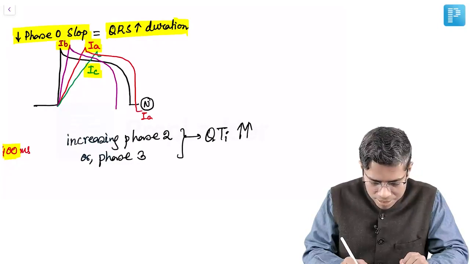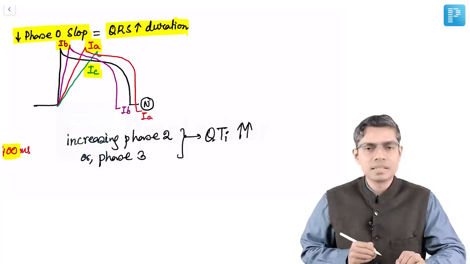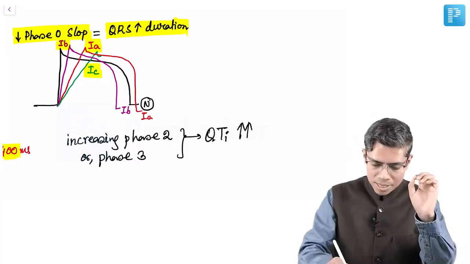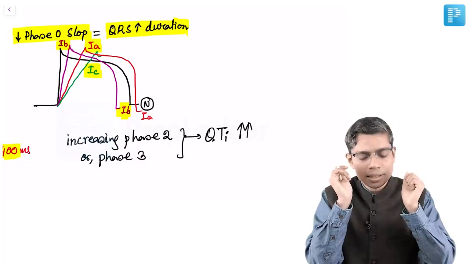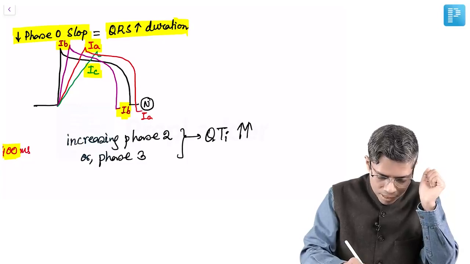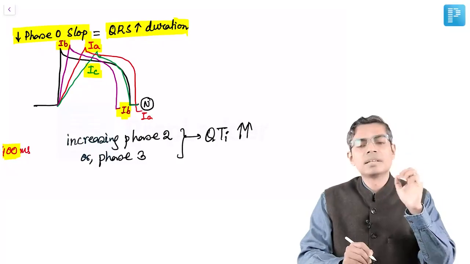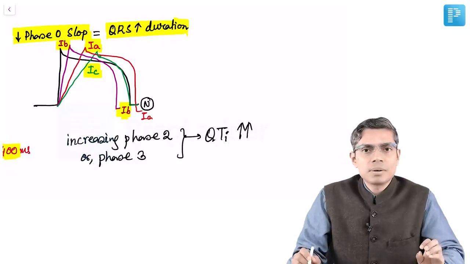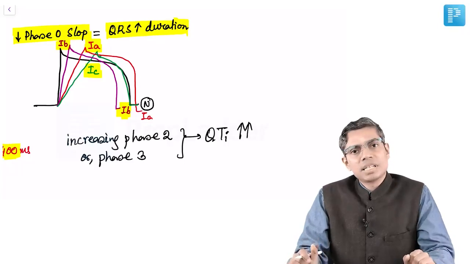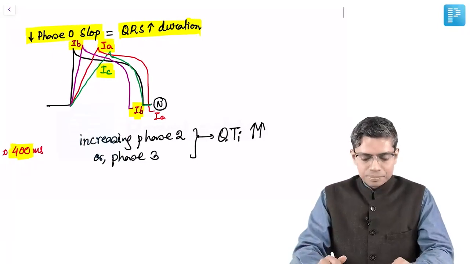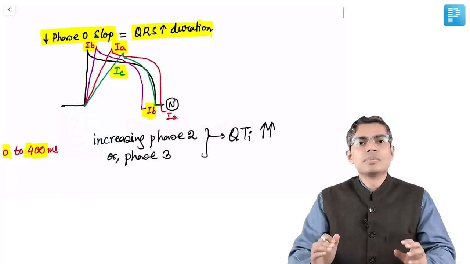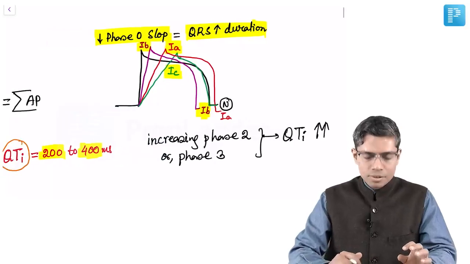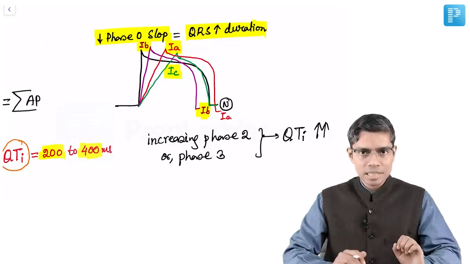So obviously the 1B group of drugs is going to cause shortening of the QT interval, and 1C is not going to change the action potential duration. So the QT interval is not going to change in the case of class 1C antiarrhythmic agents. Getting my point? So this way, if you read by combining physiology and pharmacology, your concept will be better. Please try to understand this. If you don't, listen once again.